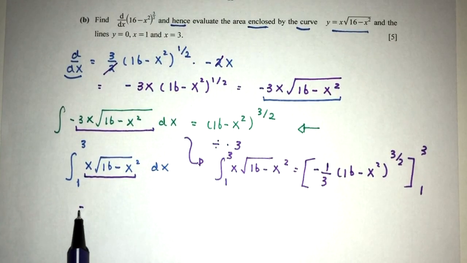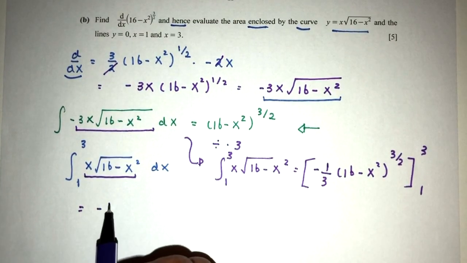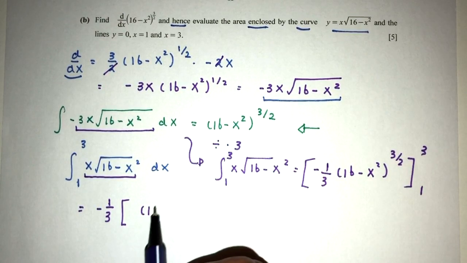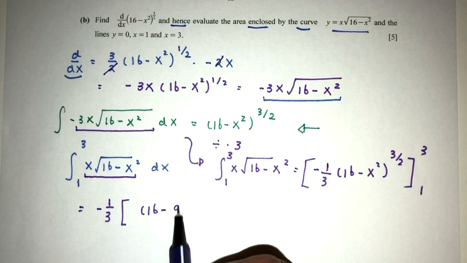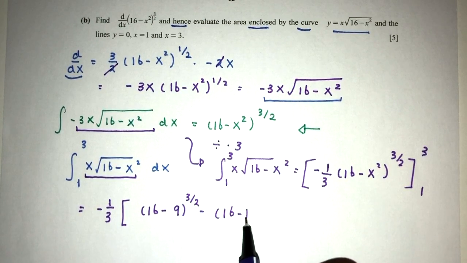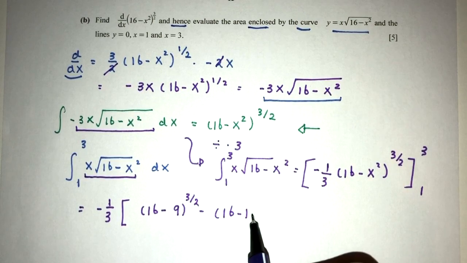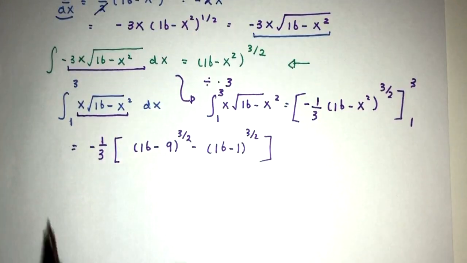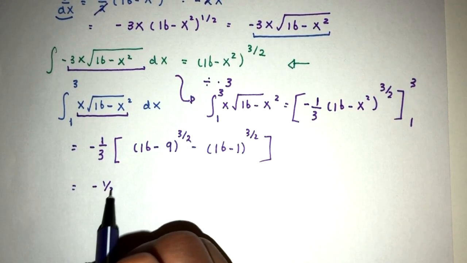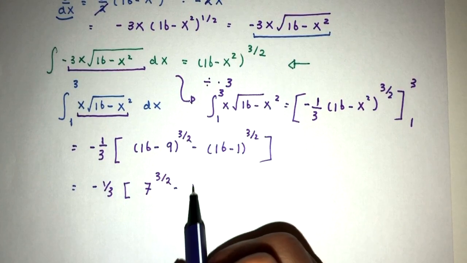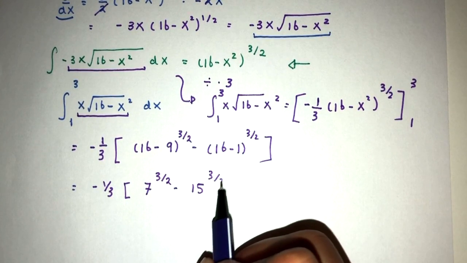Now simplify. Take out the value of minus 1 over 3 first. You will have, first, 16 minus 9 to the power 3 over 2, minus 16 minus 1, that should be the value of 15 to the power 3 over 2. So let's see what we get. That will be minus 1 over 3 times 7 to the power 3 over 2 minus 15 to the power 3 over 2.